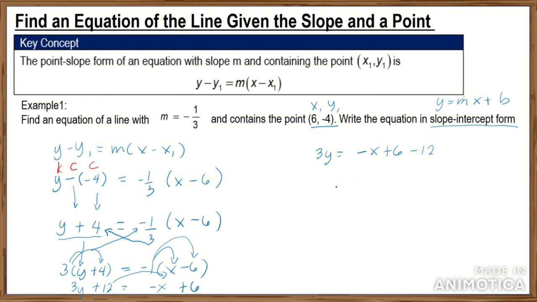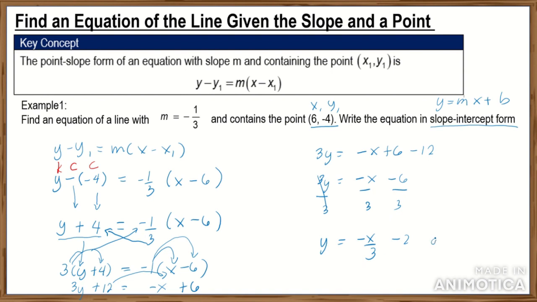So we have now 3y is equal to negative x. 6 minus 12 is equal to negative 6. Then you're going to divide all terms by 3 so that what's left on the left side is y. So we have negative x over 3 is negative x over 3. Then negative 6 divided by 3 is negative 2.